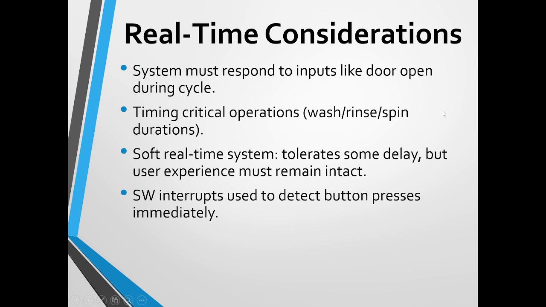Then SW means switch interrupts used to detect the button press immediately. Means the system behaves as a soft real-time system, even though it's simulated, but these aspects closely reflect embedded development in real products.